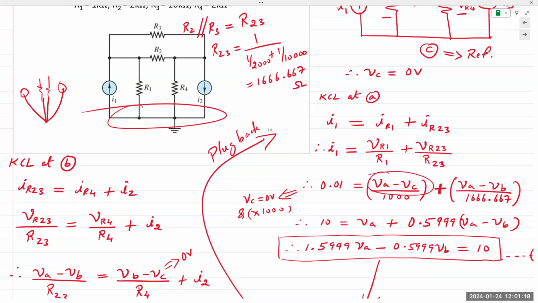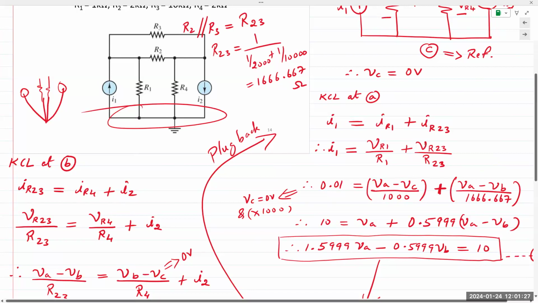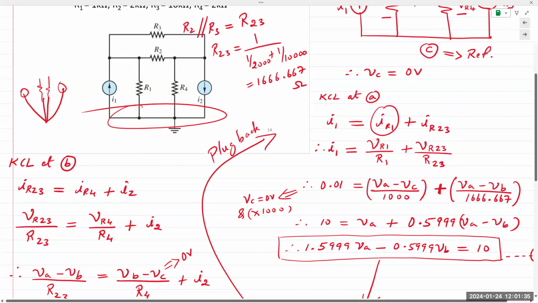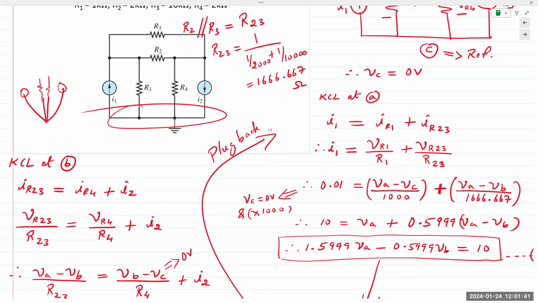You plug it back into the equation for VR23: VA minus VB gives you VR23. So you now have your resistor voltages. Once you have resistor voltages, you can find IR1 and IR23 by Ohm's law. And that's how we can solve for any unknown voltages and currents in the circuit using node voltage analysis.